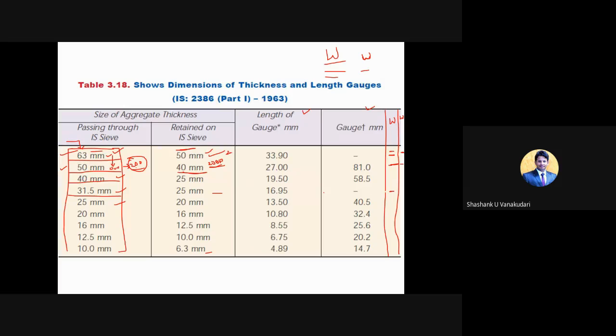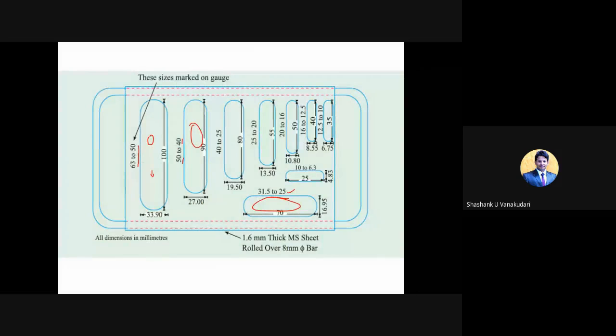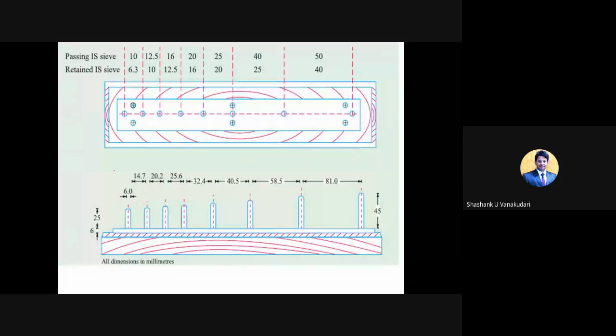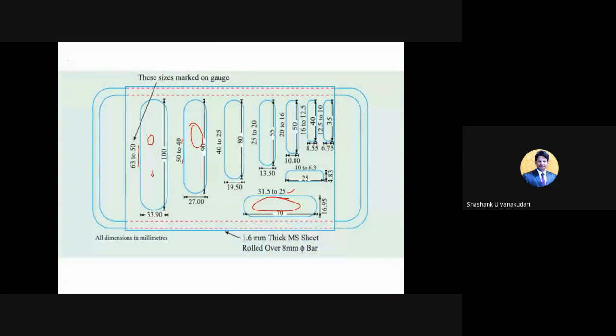Here in the flakiness index part, we need to collect the passing materials from the thickness gauge. So this instrument's name is thickness gauge. And one more will come, that is the length gauge. Here it is. So this is the length gauge. Do not get confused. Through this, we are going to find out the elongation index. And through this, we are going to find out the flakiness index.